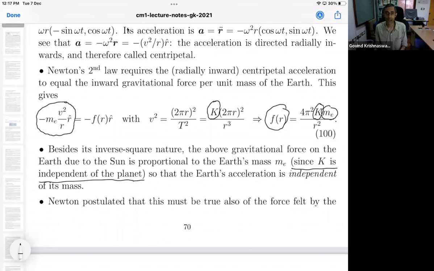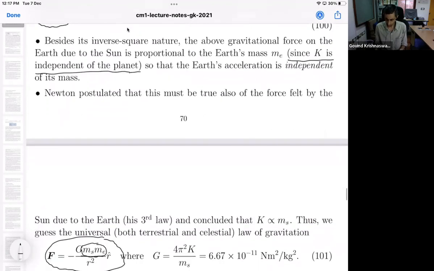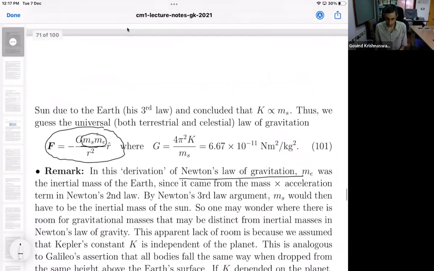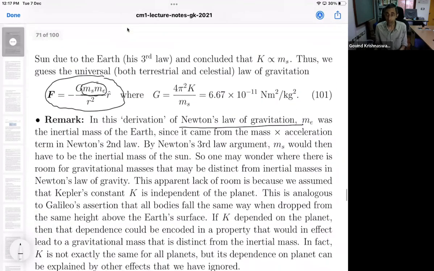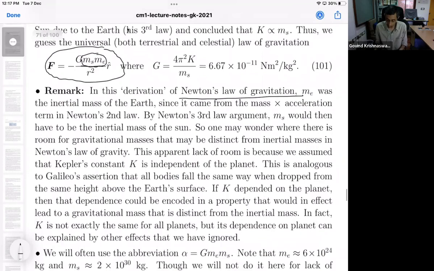We have ignored the fact that the center of mass of the system is not really at the center of the Sun. There are many approximations we have made, which can be used to explain why this K is not exactly planet independent. So this is the issue, in brief, in answer to Shubham's question.